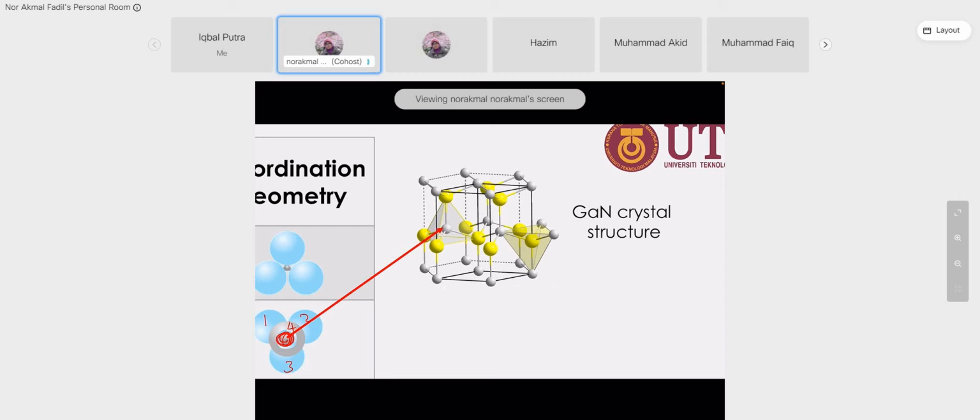So how many atoms surround the gray atoms? These atoms are surrounded by 1, 2, 3, and 4. And what about these atoms? It's surrounded by 1, 2, 3, and 4. So each atom is surrounded by 4 other atoms. This is the coordination number. The coordination number of gallium nitride is 4.